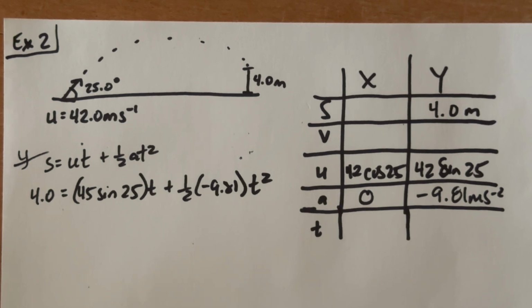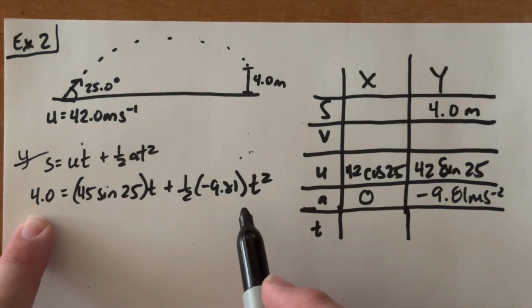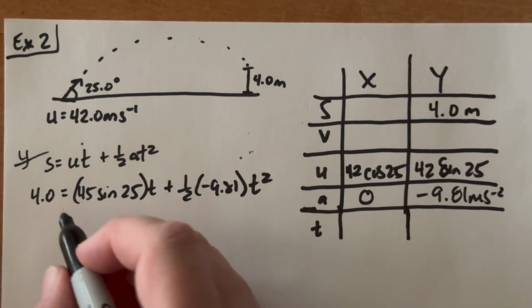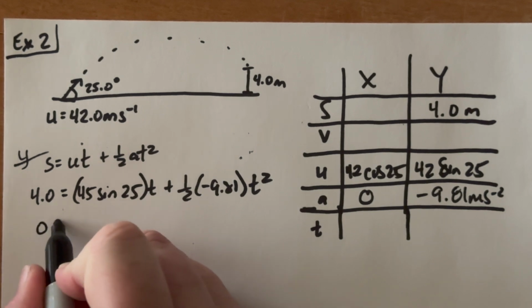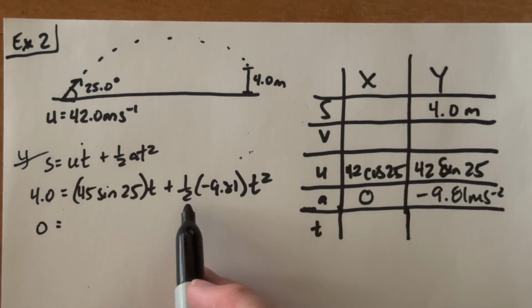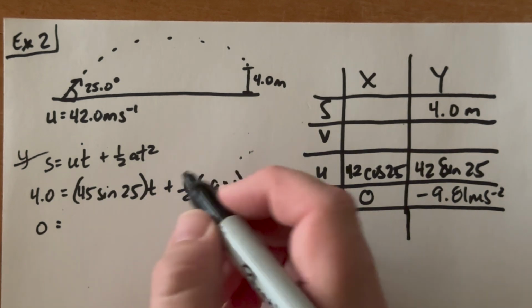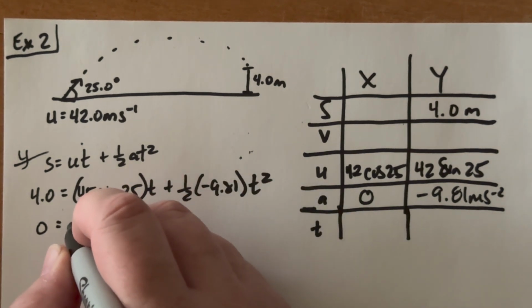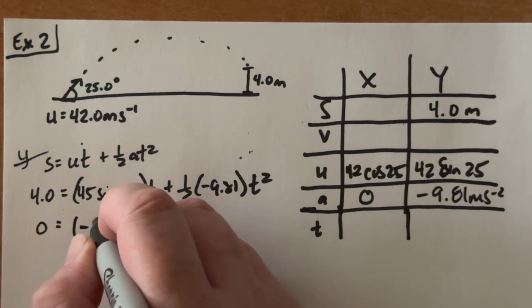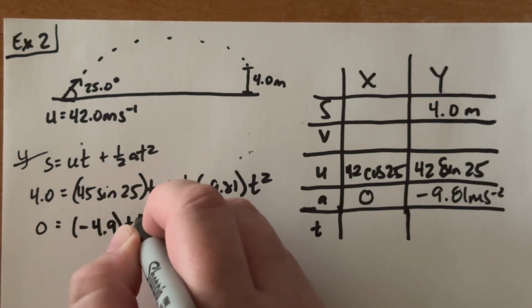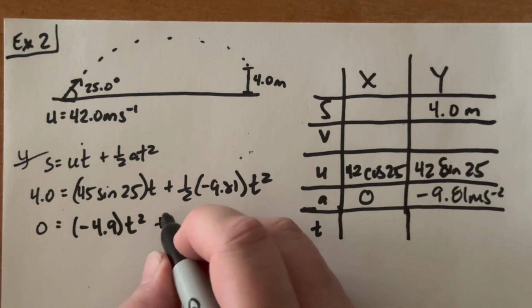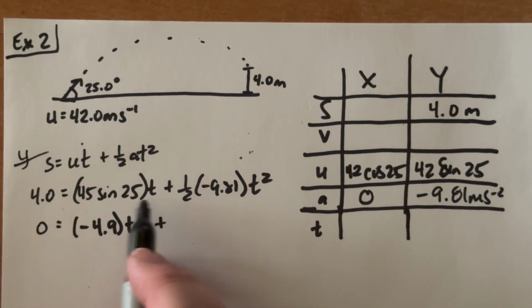What I'm going to do is 2 things. One, I'm going to move this 4 over here by subtracting 4. And 2, I'm going to put it into the format that we would use for the quadratic equation. So when I do that, that gives me 0 equals 1/2 times negative 9.81 t squared, which gives me negative 4.9 t squared, plus when I calculate the 42 sine of 25, I can get a number.